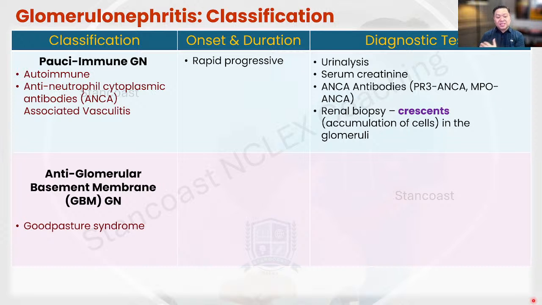Instead of preventing filtering of those albumin and other large proteins, it will now allow those proteins to leak out. So the person will end up with hypoalbuminemia, right? The body will run out of the albumin because it's leaking from the body. It's being allowed to escape from the glomerular basement membrane.